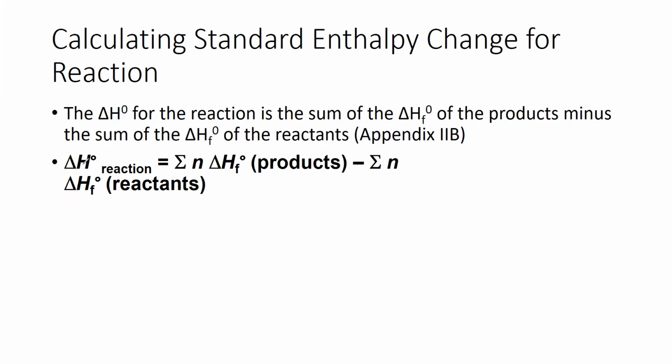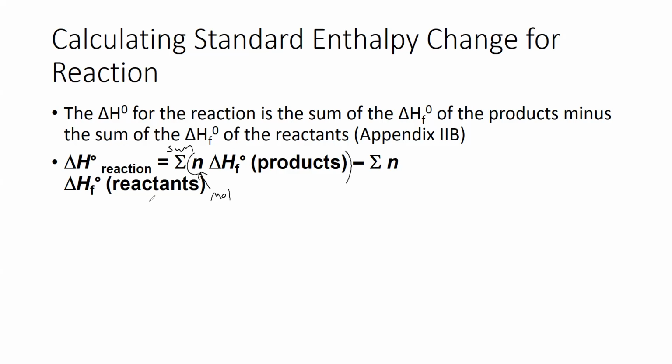The change in enthalpy in standard state for a reaction is equal to the sum, remember that giant sigma means you're adding all of this together, of the number of moles multiplied by the change in enthalpy of formation at standard state for your products, minus the sum of moles multiplied by delta H formation of your reactants.